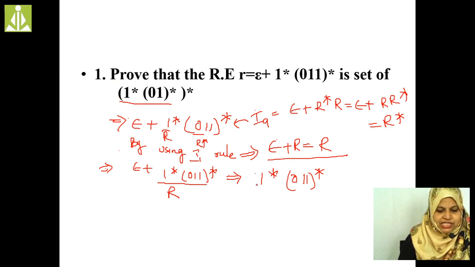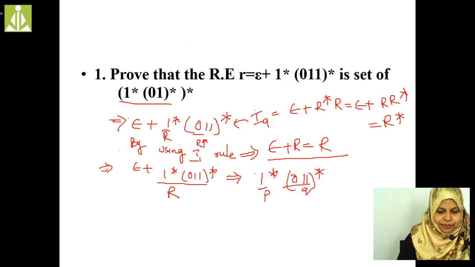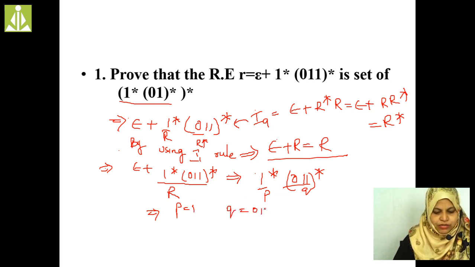If I take this as P and this as Q, my P value is 1 and my Q value is 0 1 1. If my regular expression is P star Q star, it is equivalent to P plus Q whole star.